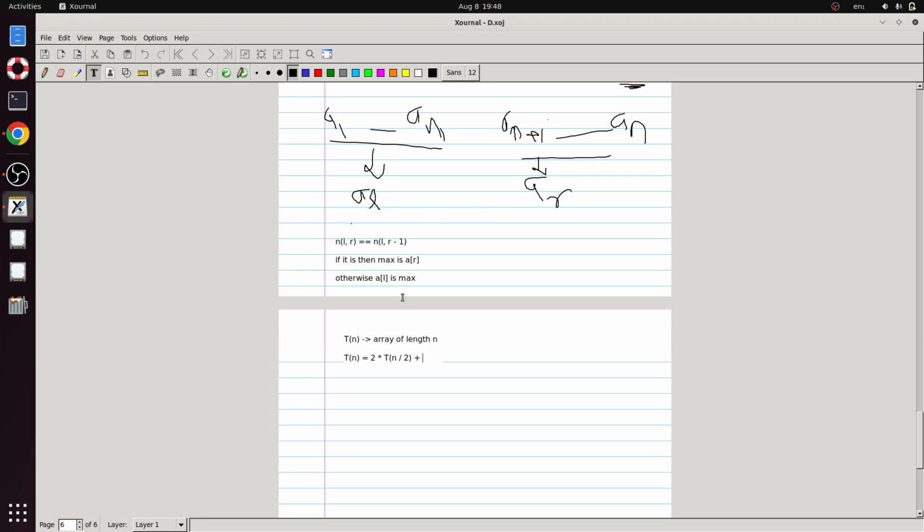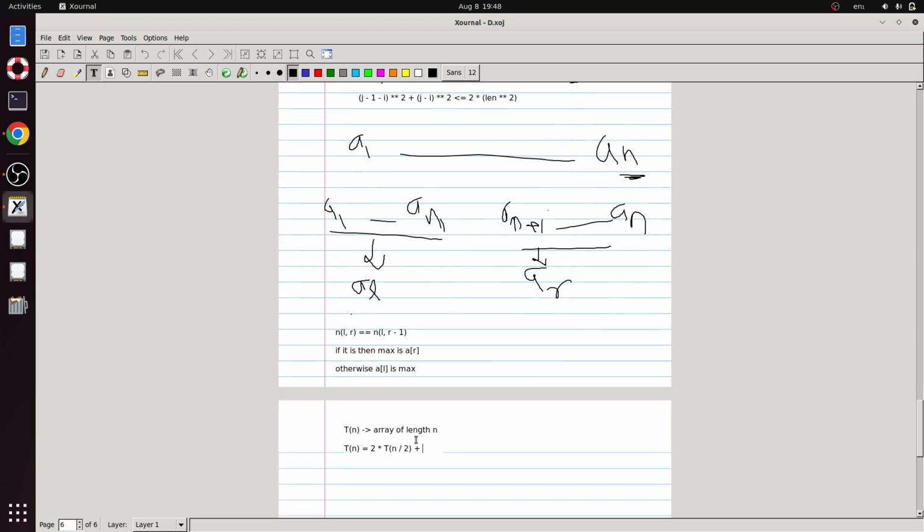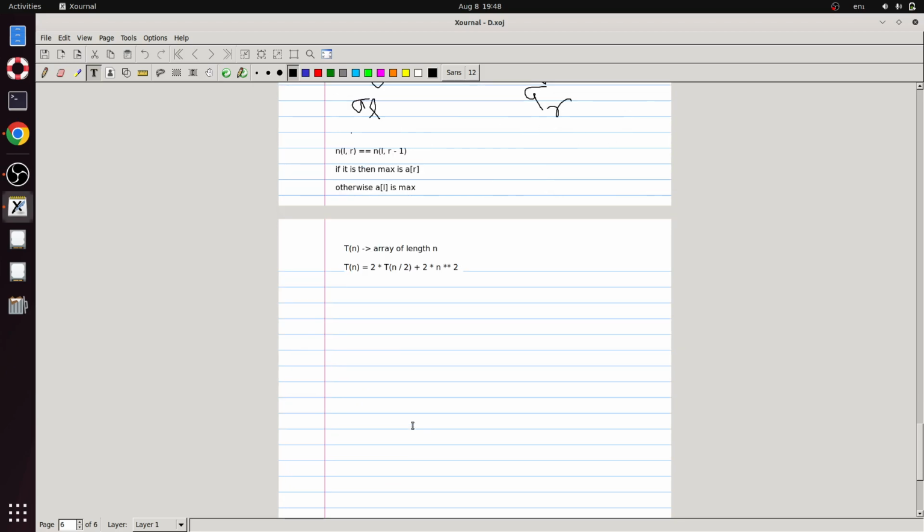How much does this cost? We have seen over here that the cost is less than or equal to 2 into length squared, which is 2 into n squared. Okay, so over here you can see that this basically develops into a recursion.